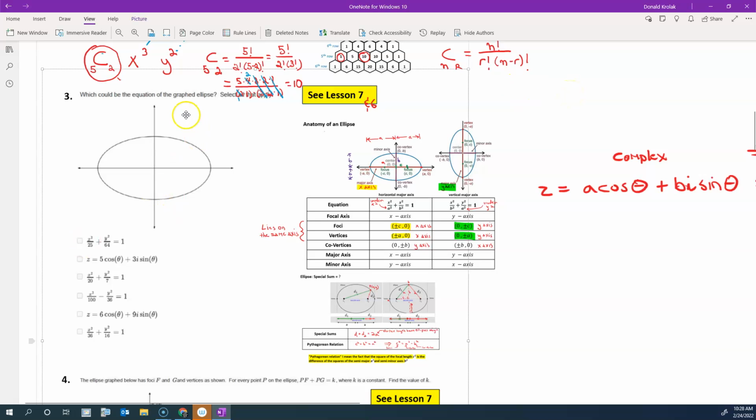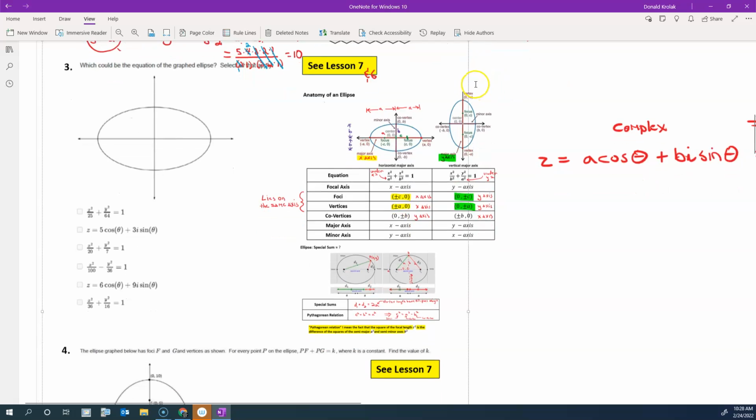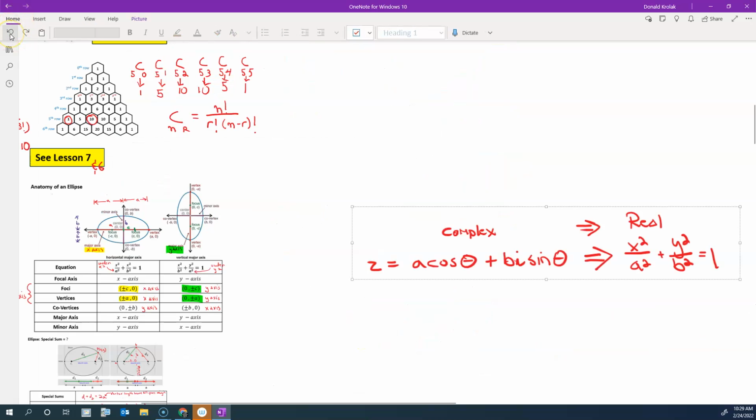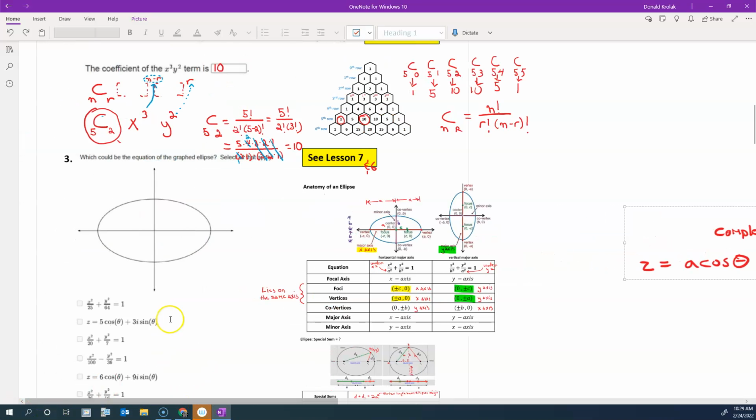Sorry, guys. Too much cutting and pasting.